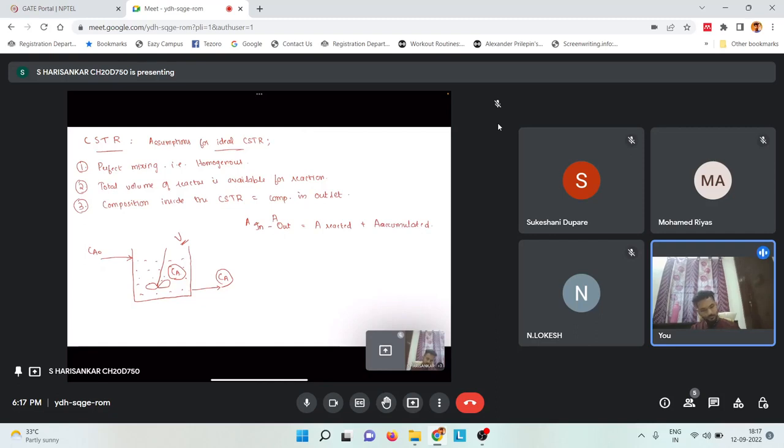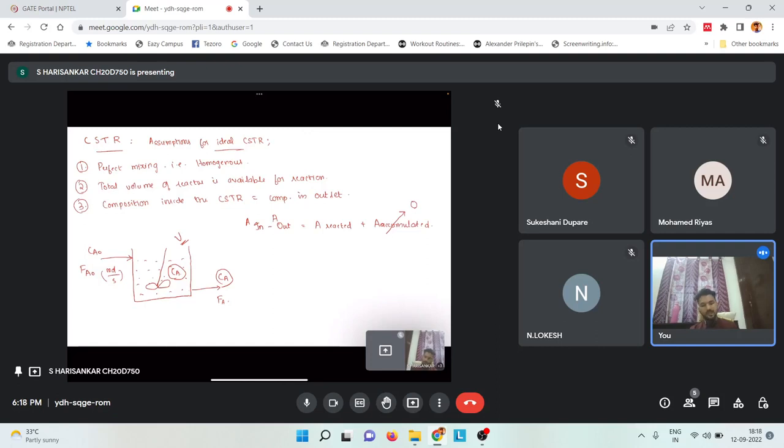Let's say Fa0 is the initial molar flow, in mole per second or mole per hour and so on, and Fa is the final molar flow of A. The assumption for continuous reactors is that there is no accumulation inside the reactor, so A accumulated will be 0.